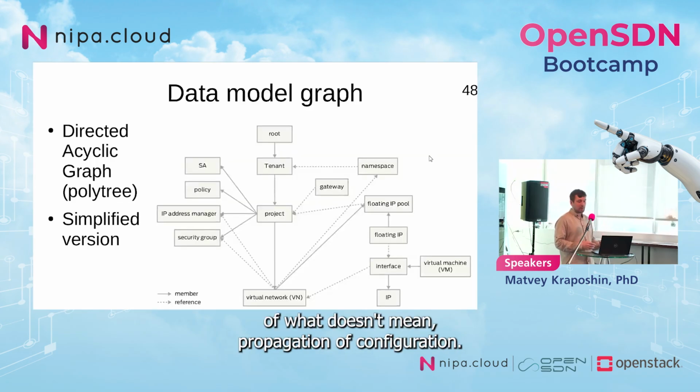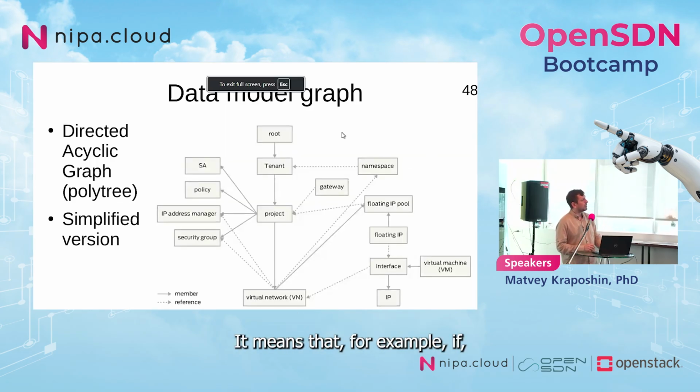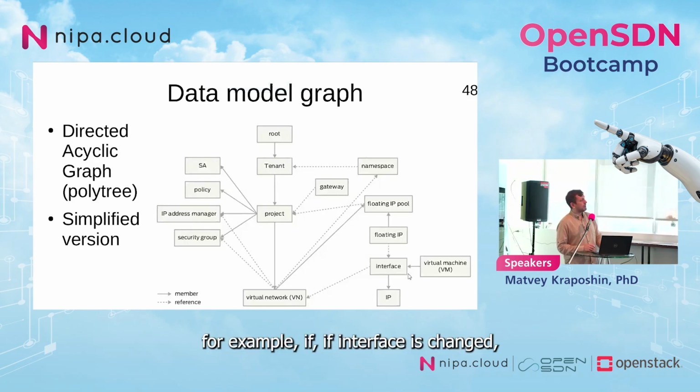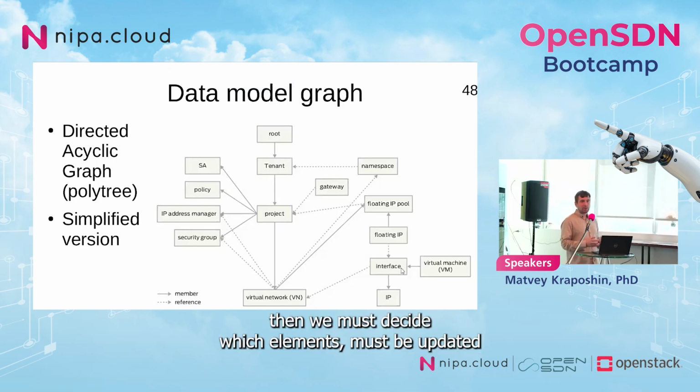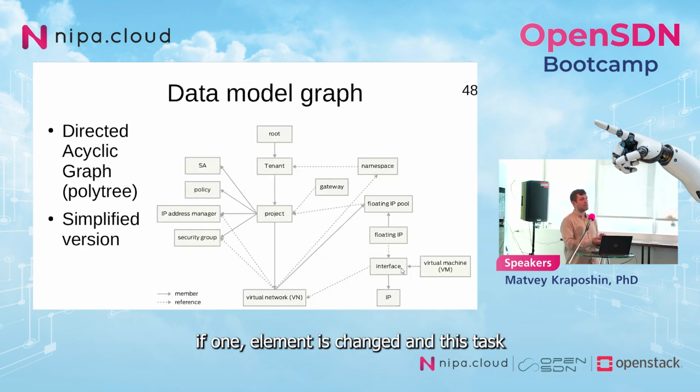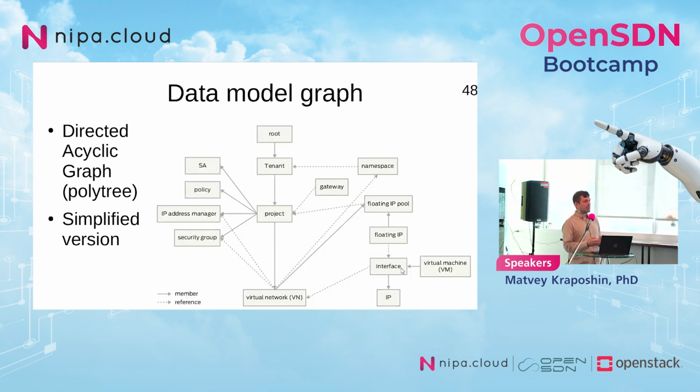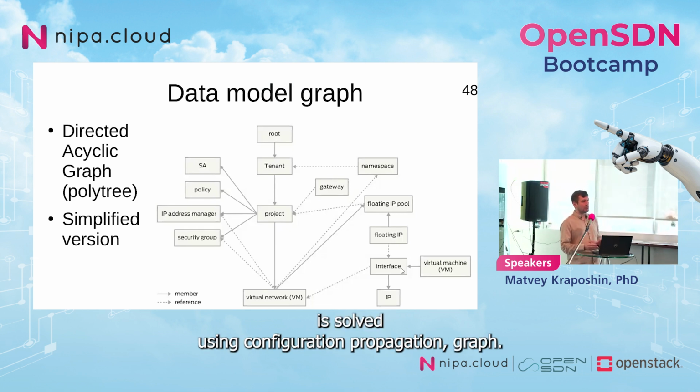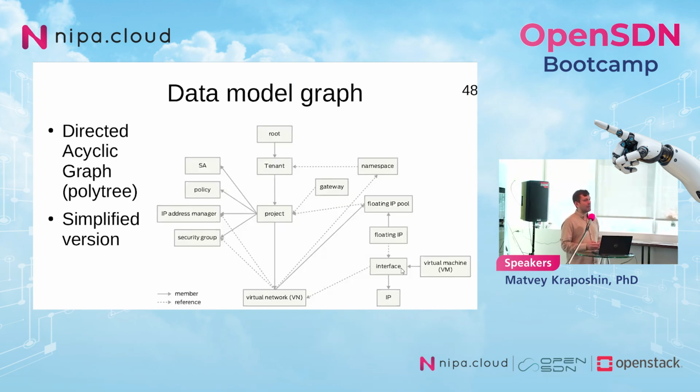What does it mean, propagation of configuration? It means that, for example, if an interface is changed, then we must decide which elements must be updated if one element is changed. And this task is solved using the configuration propagation graph.